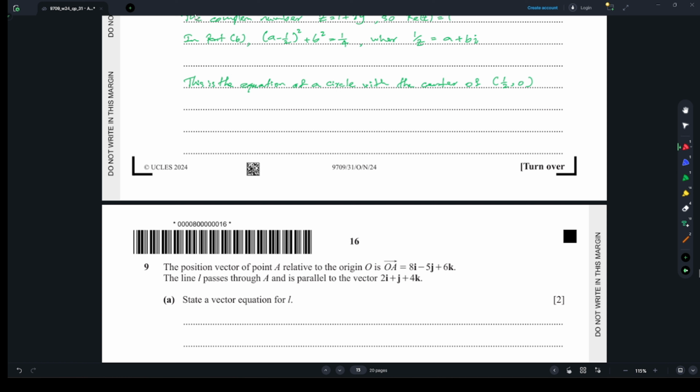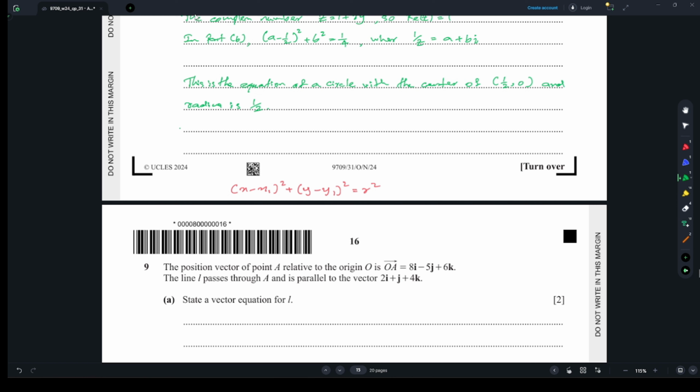Because I hope you remember x minus x1 square plus y minus y1 square equals to r square. So this is the equation of a circle. So the center is half, and the radius is half.